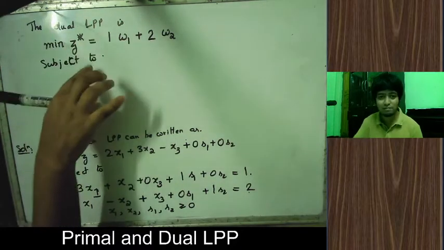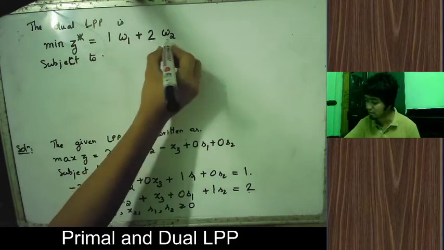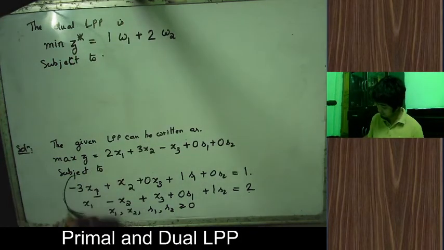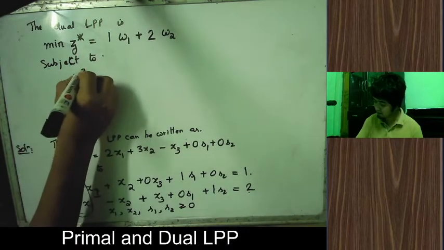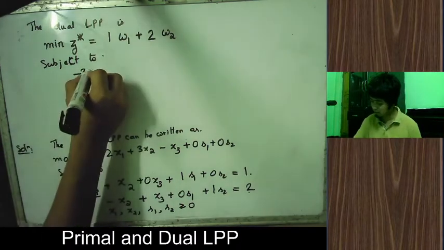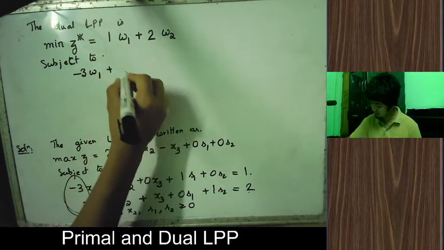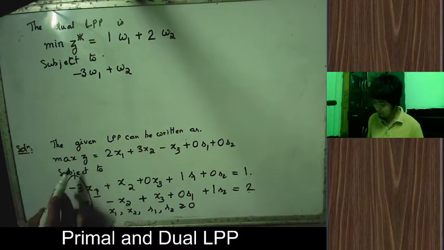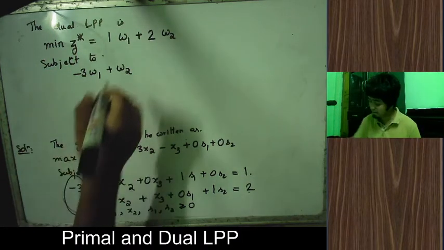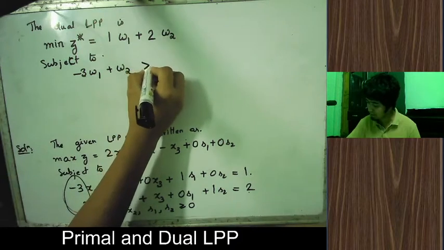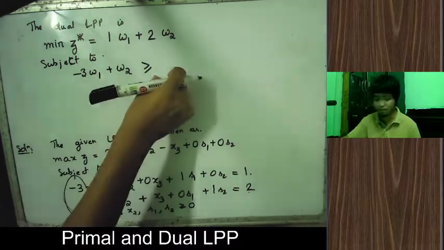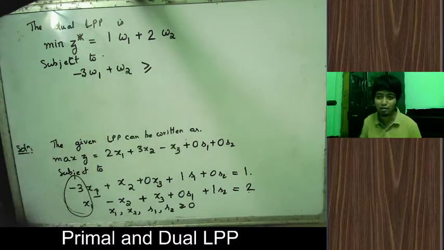All the constraints now we have to write in terms of w1 and w2. It's very easy, just take this one: minus 3w1 plus w2. Because the original problem is a maximization problem, the constraints will all have to be greater or equal. If it is minimization, then over here will be less than or equal.